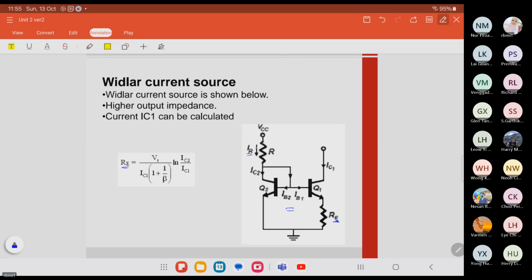For IR, we can say that IR equals IC2 plus IB1 plus IB2, or also equals IC2 plus 2IB. And IR equals VCC minus VBE2 over R.